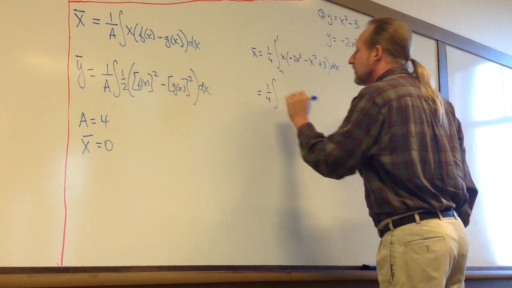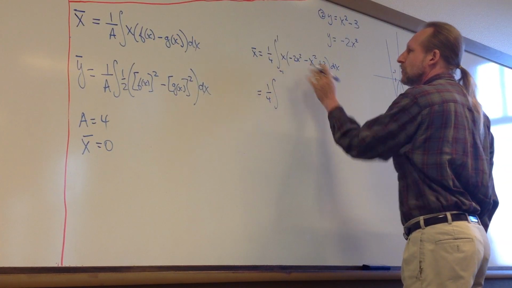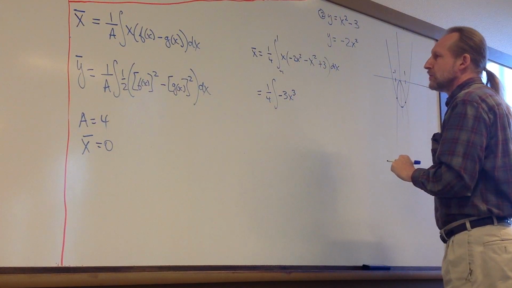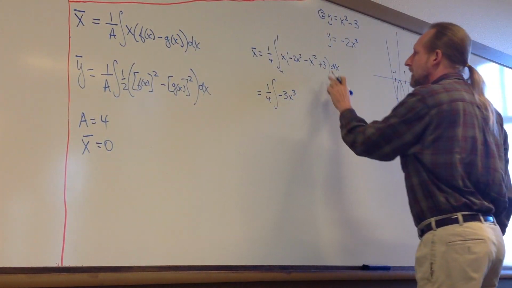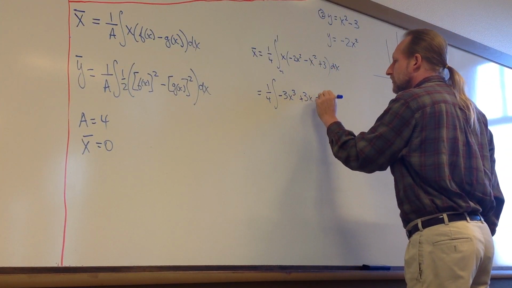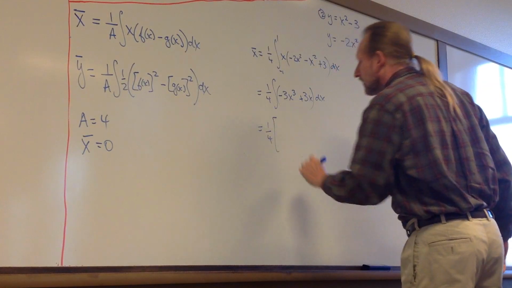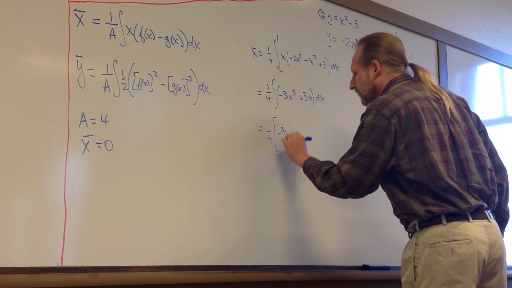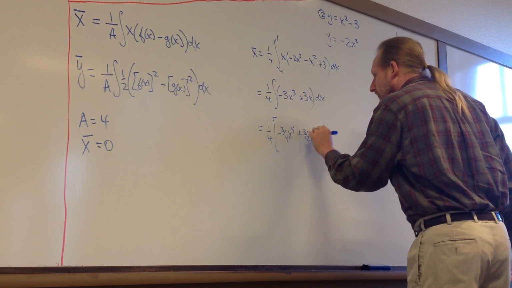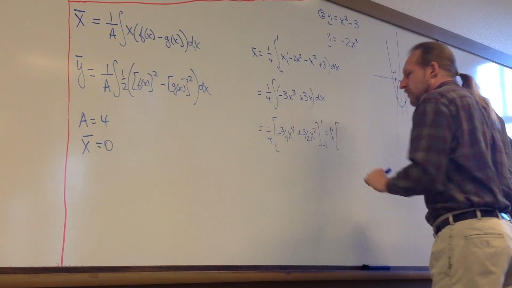So let's see what we get here. So this is going to be negative 3x squared. So that'll be negative 3x cubed. And then this is just a 3 times x makes 3x. So if we integrate, let's see, negative 3/4 x to the 4th plus 3/2 x squared from negative 1 to positive 1.